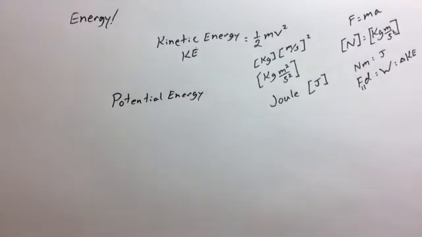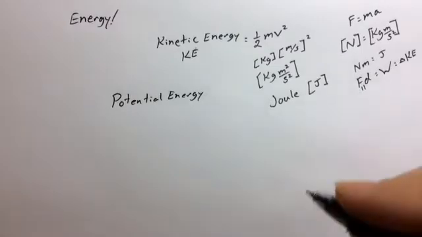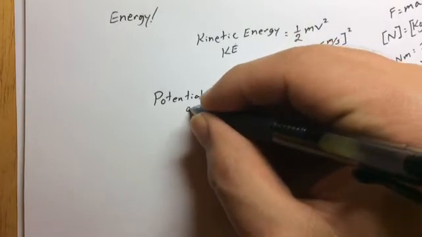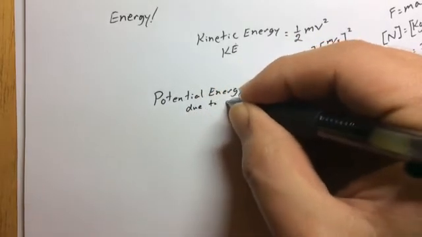Now, you can, but kinetic energy is whenever something has the energy already. With potential energy, the thing doesn't really have the energy yet. It's just the potential to get energy, the potential to move faster. All right. So potential energy, we can talk about it in the sense of potential energy due to gravity.